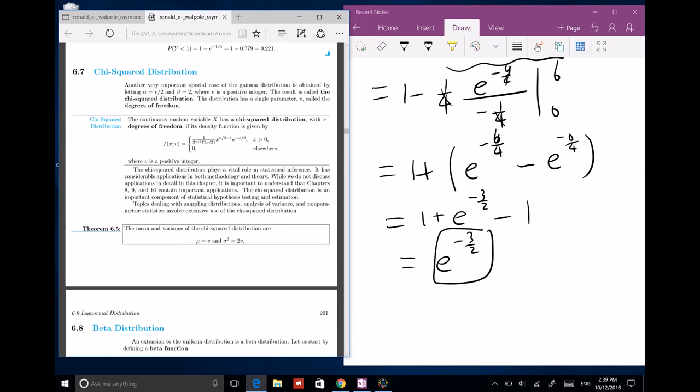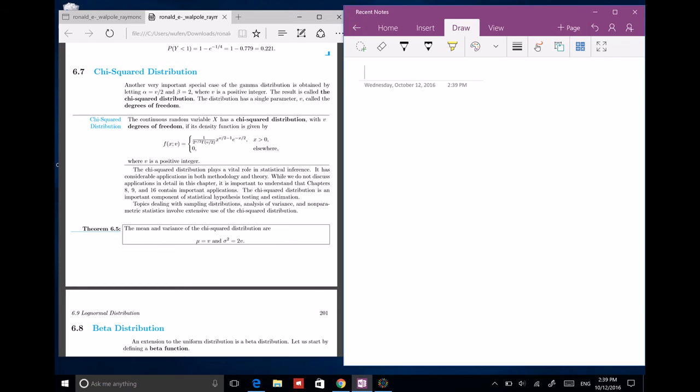Next I would like to introduce a little bit about the chi-square distribution as well. We're going to use it a lot later when we introduce the t-distribution, but we don't have to do a lot of calculations by hand. The continuous random variable x has a chi-square distribution with v degrees of freedom.